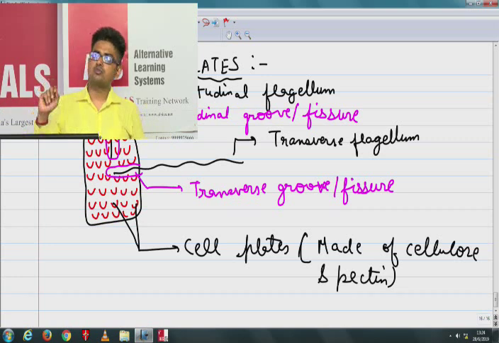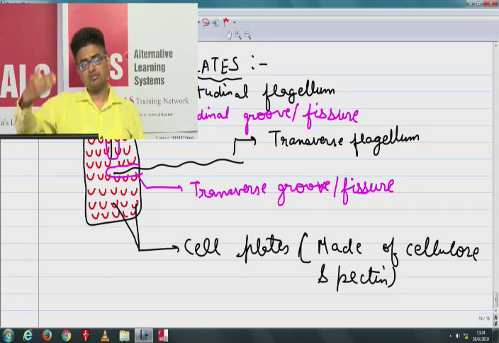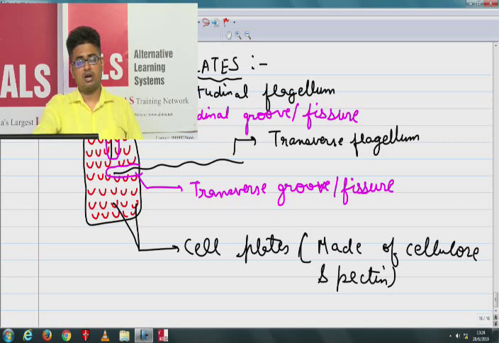They are also responsible for food poisoning by eating poisonous shellfish, because they produce poisonous toxins called saxitoxins. There are many things, so we'll cover that in the next class. I will also show you the images of diatoms and dinoflagellates, which will help you in remembering all these things.